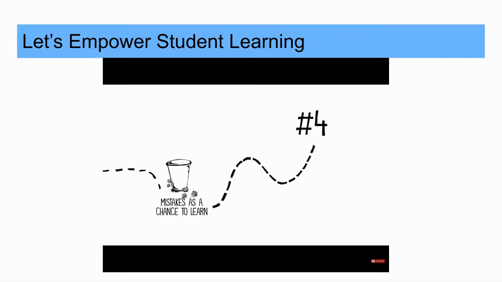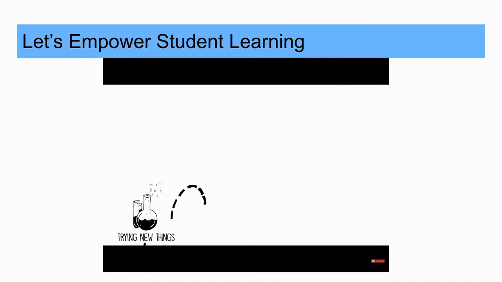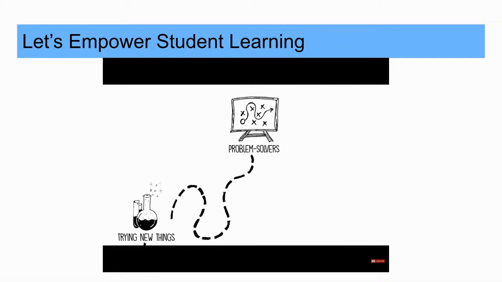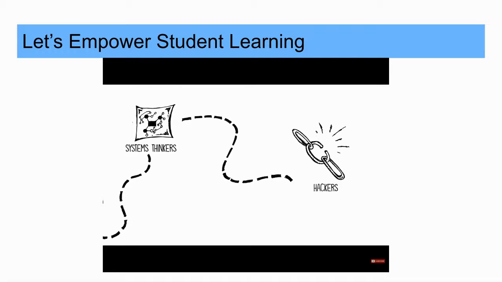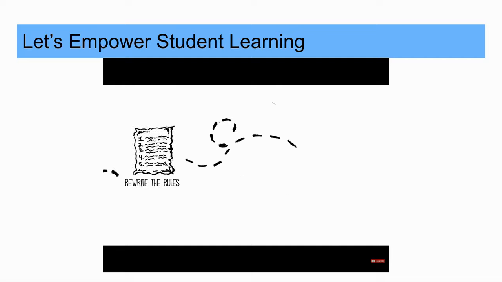They become self-starters, exploring new frontiers, asking hard questions, and trying new things. They become problem solvers and systems thinkers, but they also challenge the system as hackers who think divergently and rewrite the rules. They become architects of their own learning, engaging in project management and collaboration.